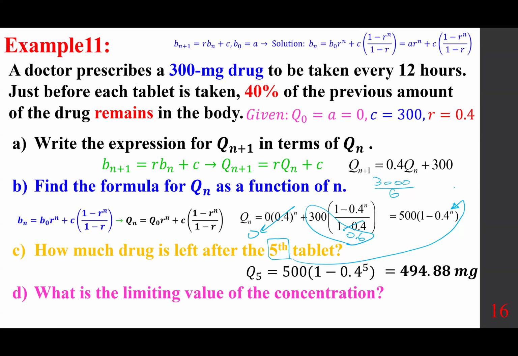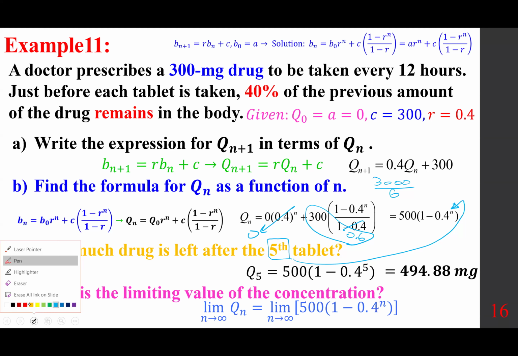What about the limit? Let's take a limit. Reminding everybody this goes to 0. And here's the reason. I hope you remember. When we have r to the power of n and n goes to infinity, if r is between -1 and 1 it goes to 0.